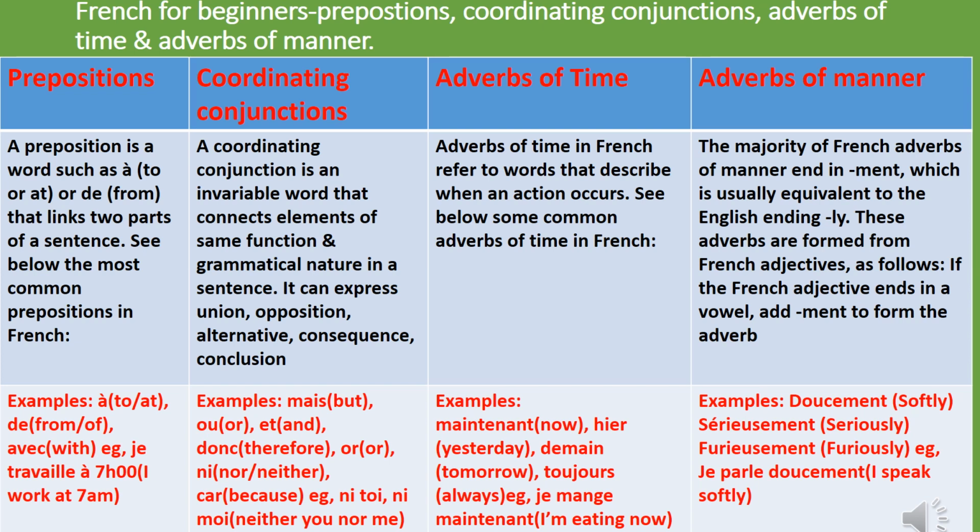Adverbs of time are like in English, things like now, yesterday, tomorrow, always. So you will see the adverbs of time in French refer to words that describe when an action occurs. So you see when is related to time. You can see below, in red, now in French is maintenant.